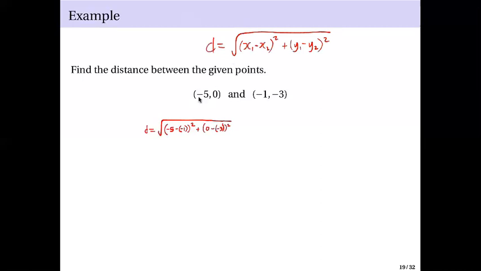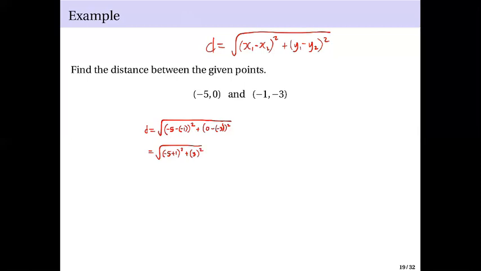Okay? So -5 minus -1, that's there. 0 minus -3, that's there. Then we just calculate. -5 minus -1 becomes -5 plus 1. So square root of -5 plus 1 squared. And then here you have 0 minus -3, it's just plus 3 squared.